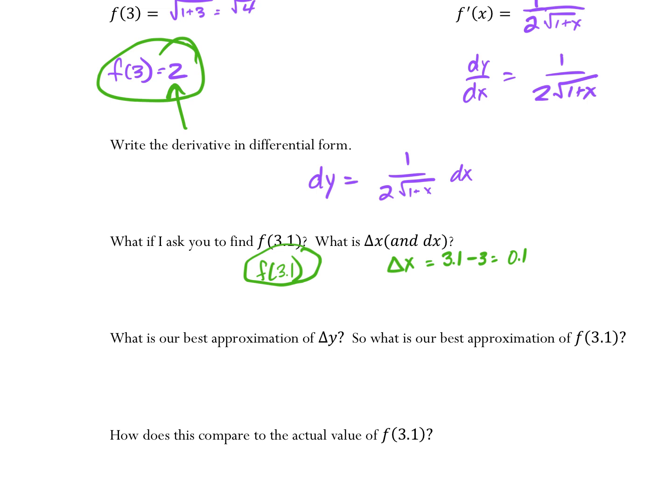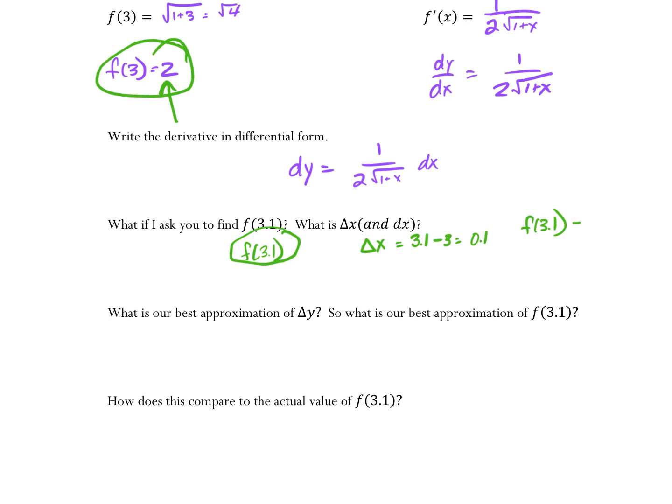And we can say f of 3.1 is approximately the y value of our previous point plus dy.